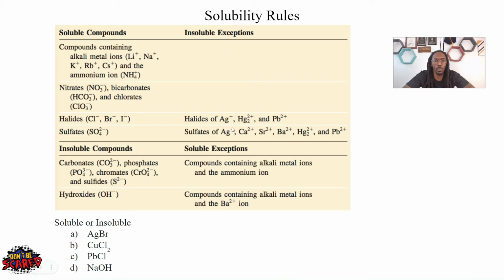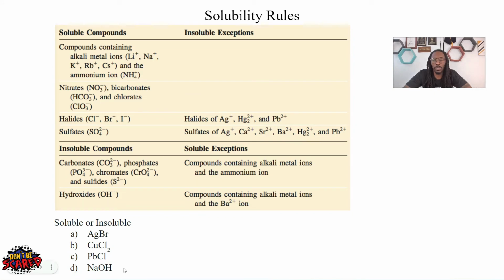Is it combined with one of these three metals? Yes, Pb. So because it's PbCl, this is an insoluble compound. It's not going to be dissolved. If you got that one right, clap it up.